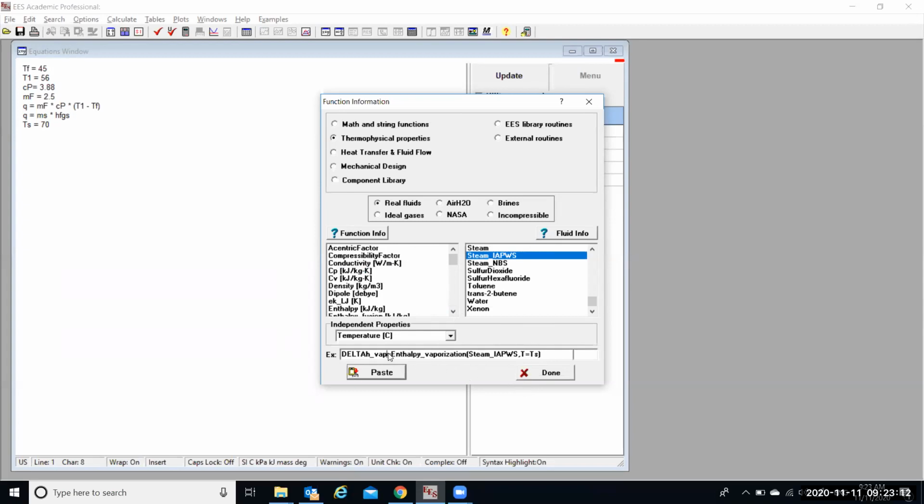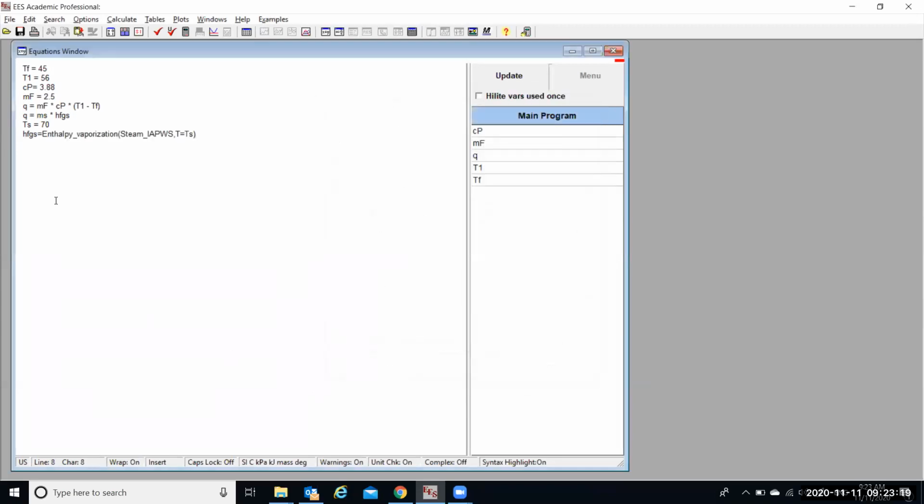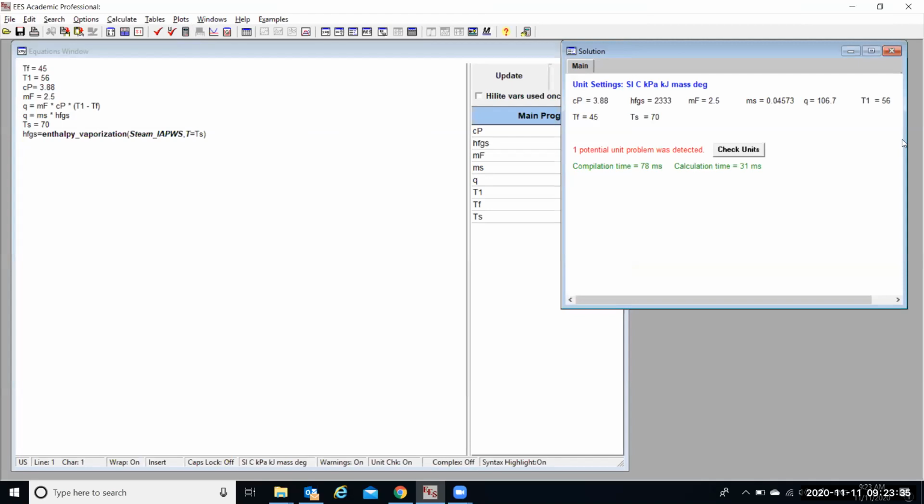And I'm going to call it HFG, so I'm not going to use this, it's HFGS. When I paste this, then I have the equation here. Now, if you change the value of Ts, then this one is going to be changed automatically so that you don't have to recalculate every time. It's been already calculated here based on this value. When I run this, then I can get the value of m dot steam as you can see it here.